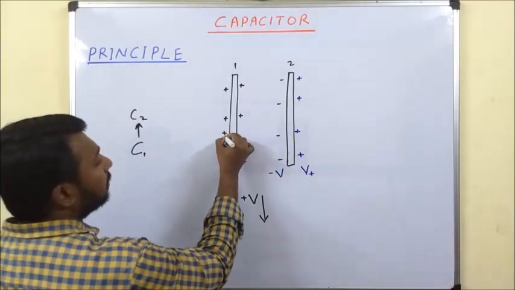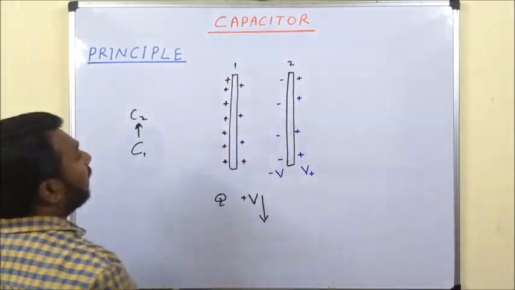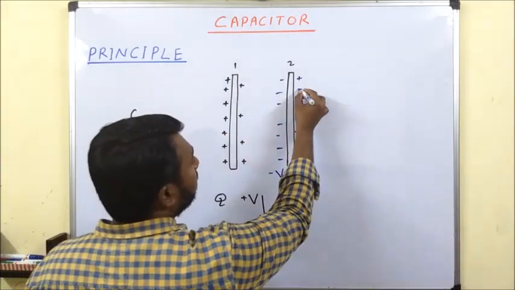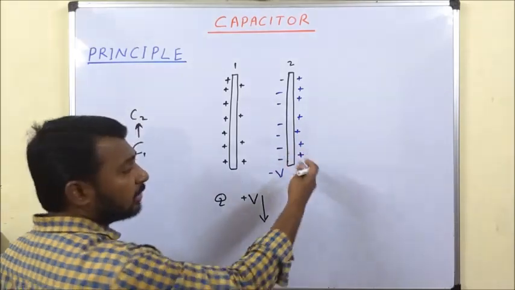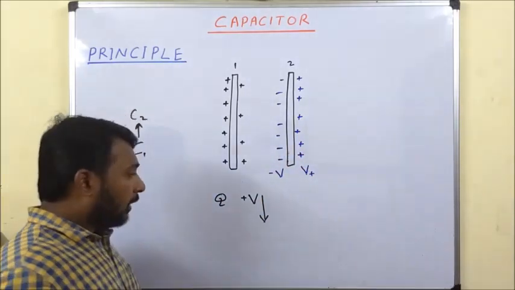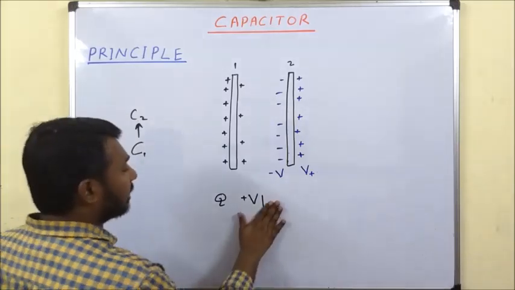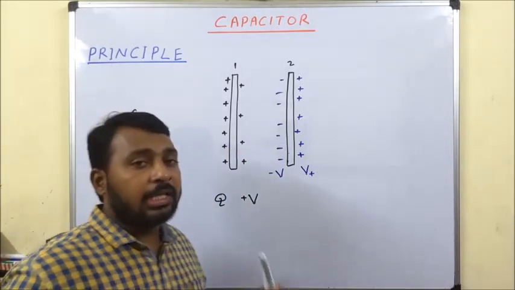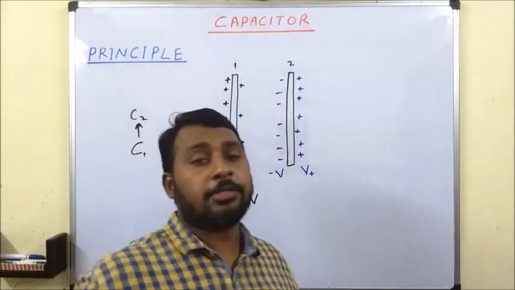That effect will be on the other side also, because more electrostatic induction will be there. Finally it comes to the same previous potential, but ultimately the capacitance has slightly increased.